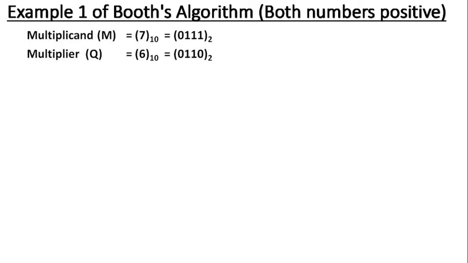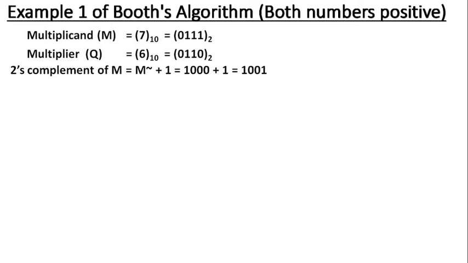Okay. Then next is about the 2's complement of m. Okay, I will explain the function of this 2's complement later on in my explanation. So the 2's complement of that multiplicand m is equal to 1's complement, which is basically m bar, plus 1.